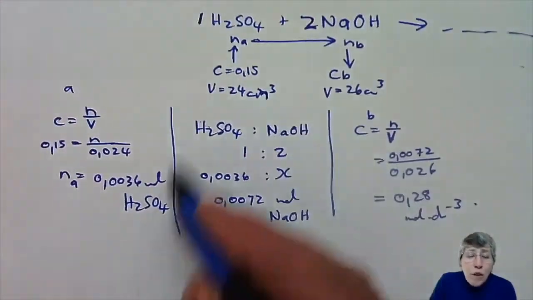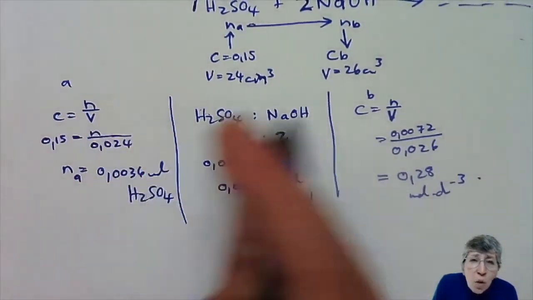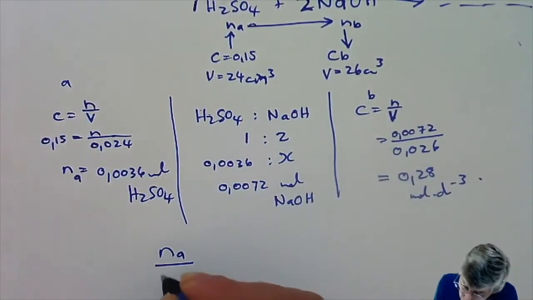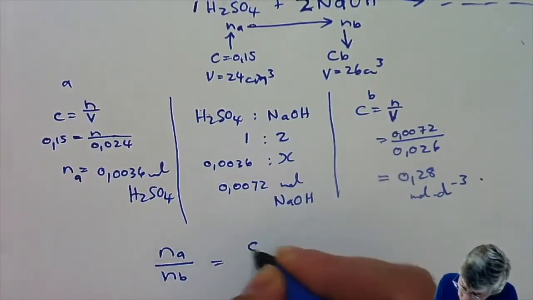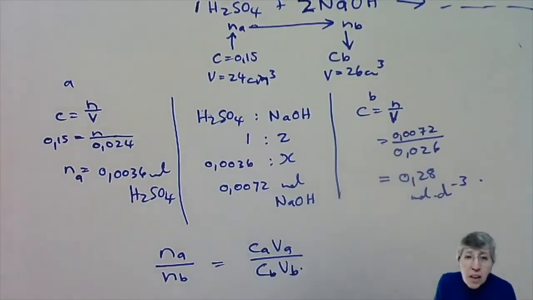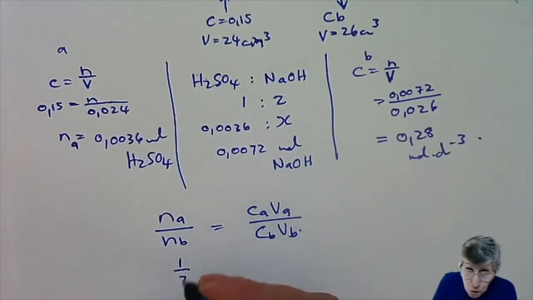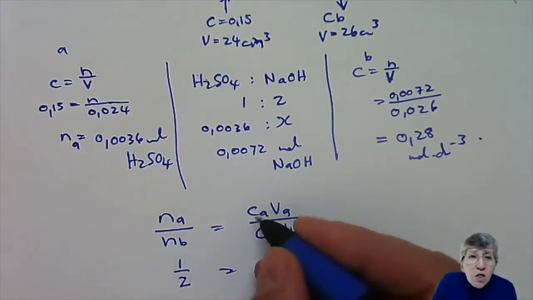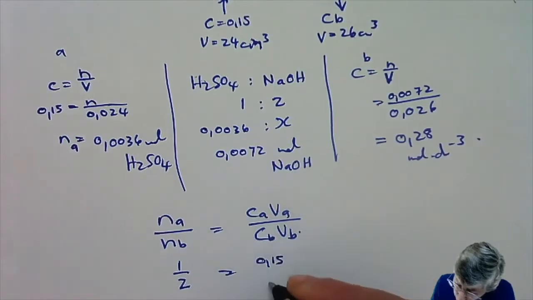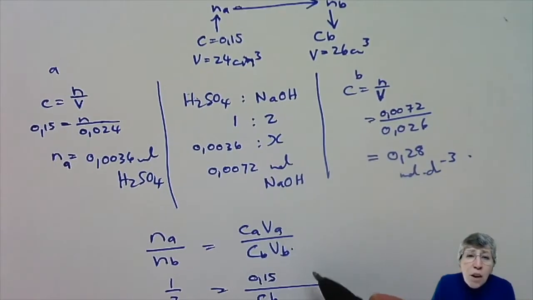So an old-fashioned mole calculation, or you could have done all three of those in a single titration equation. You could have said acid to base is 1 to 2. Concentration of the acid was given as 0.15. I'm looking for the concentration of the base. The volume of the acid.